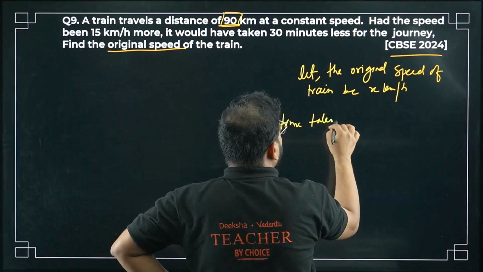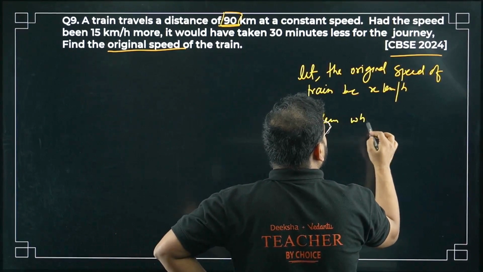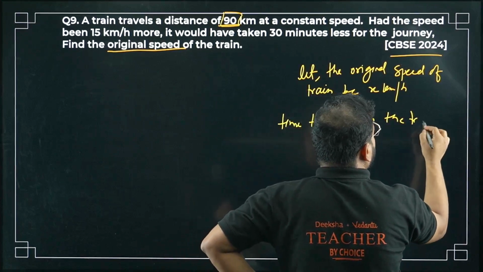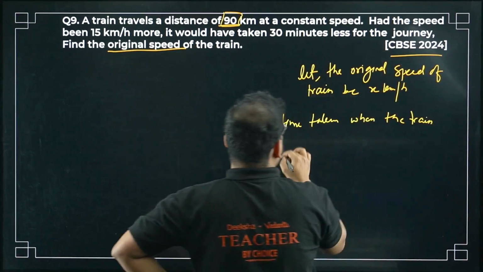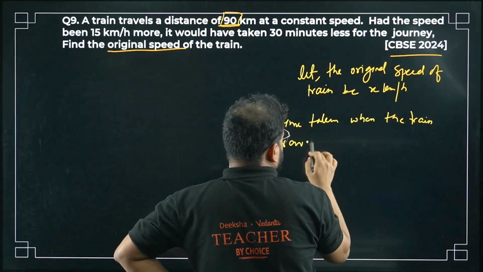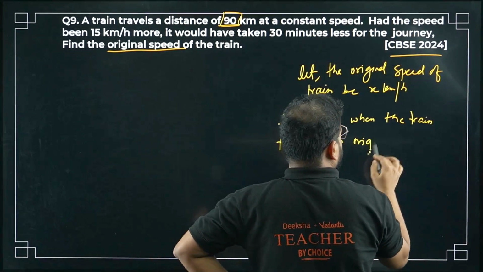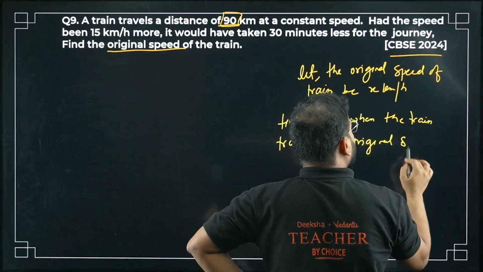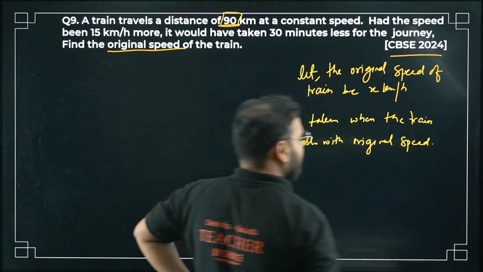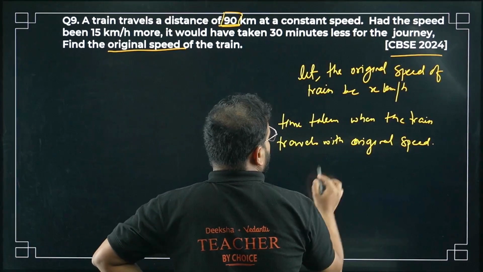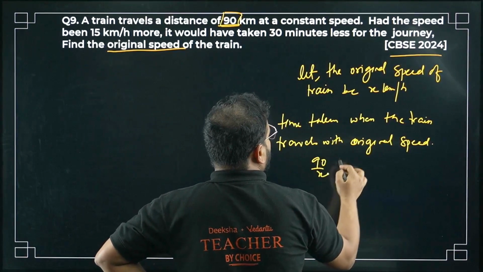Time taken when the train travels with original speed will become 90 by x hours.